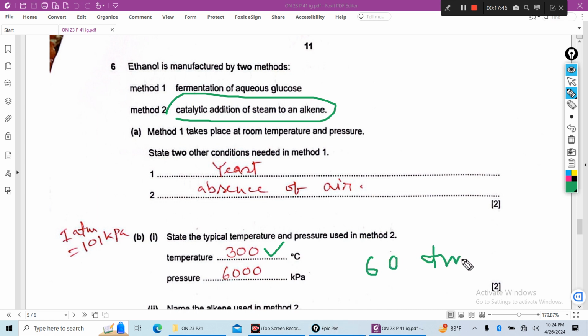If you convert 60 atm to kilopascal, this will be close to 6000 kilopascal, because 1 atm is equal to 101 kilopascal.